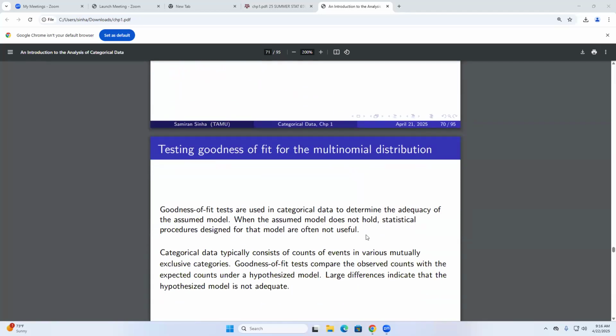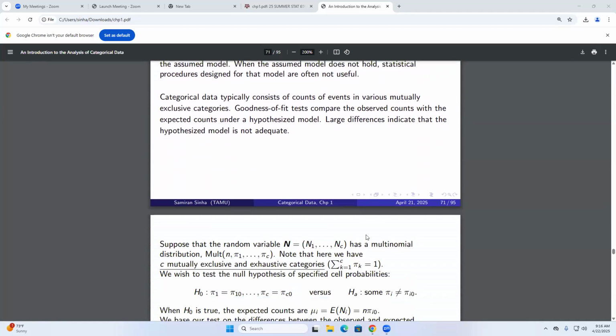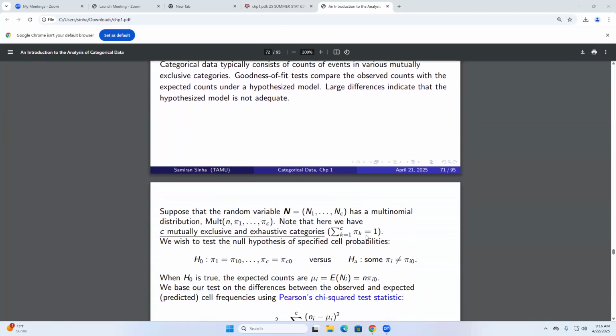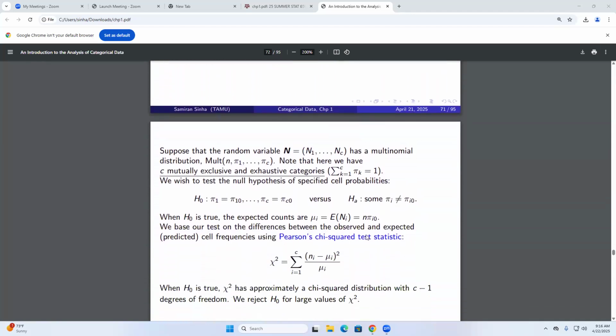Now, this multinomial distribution, what is the use of it? Often it is used for testing goodness of fit. And this is one scenario. Suppose that the random vector capital N, containing the counts N1 through N sub C, has a multinomial distribution, which we denote by Mult.